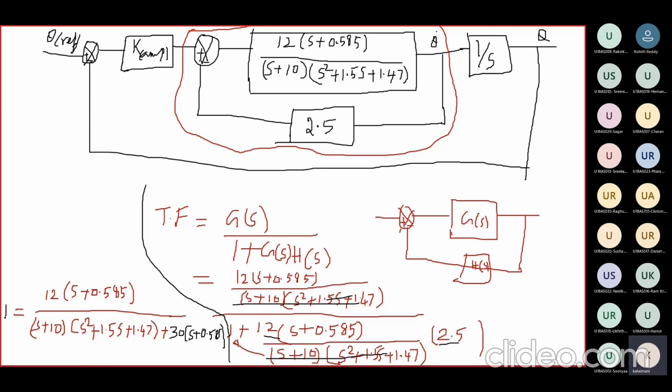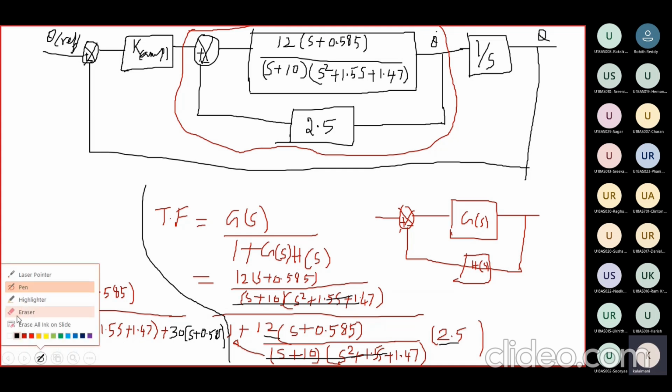Therefore, what is the closed loop transfer function of your inner loop? We remove this entire loop, then we put as your transfer function 12 times s plus 0.585, then divide by s plus 10 into s square plus 1.5s plus 1.47.